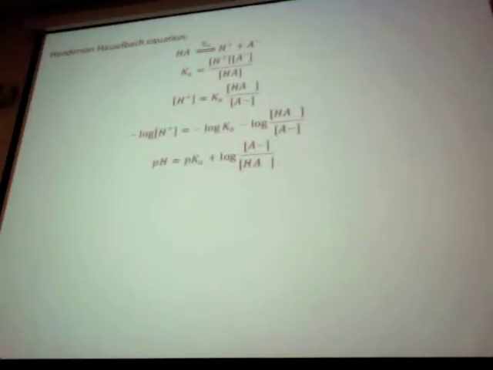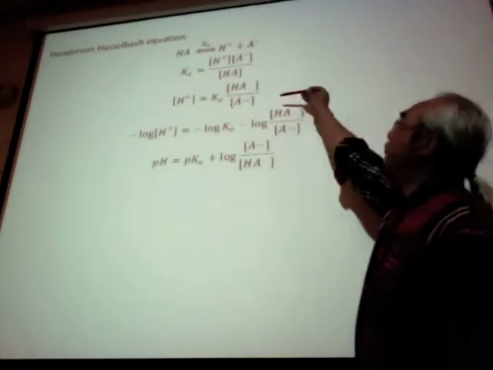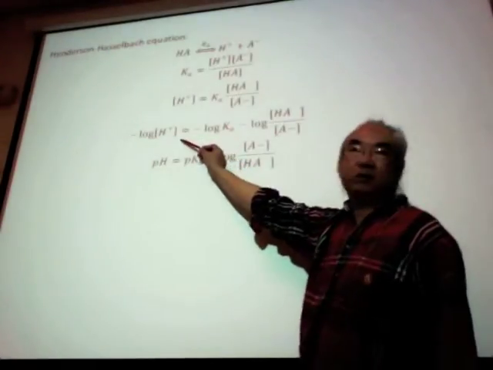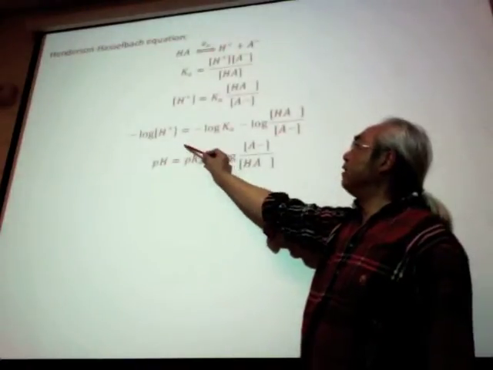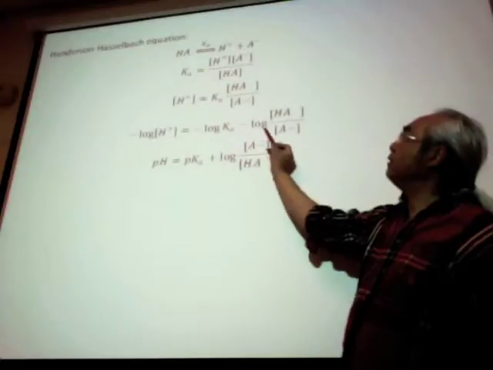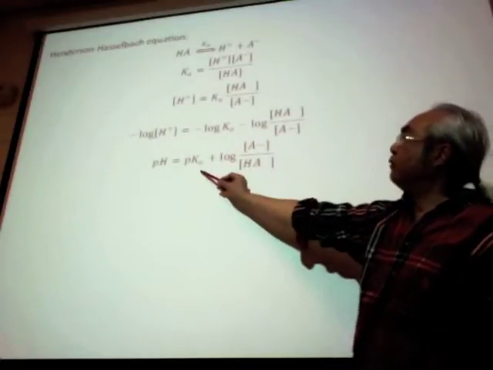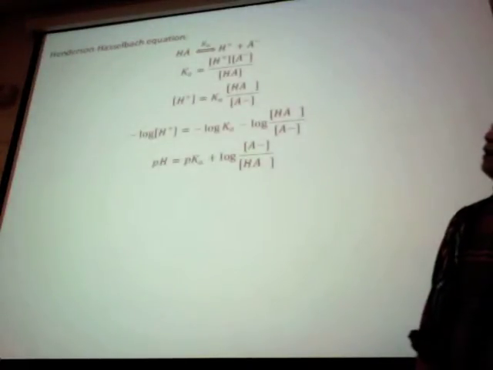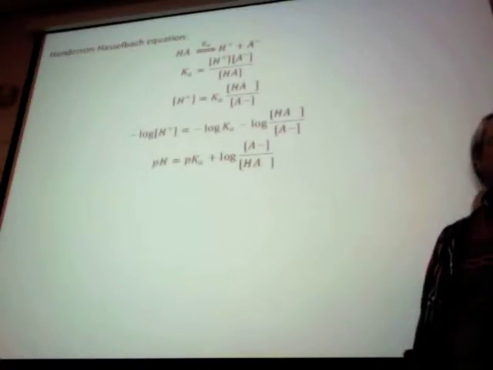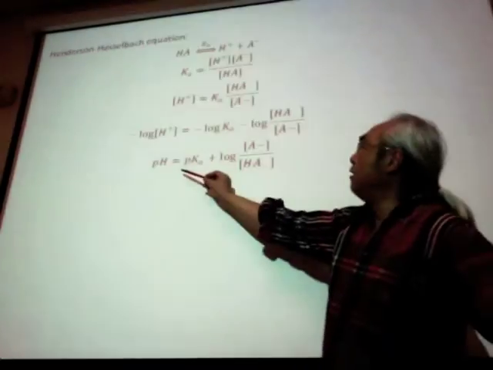Okay, here comes the real buffer equation that you are familiar with. It is actually derived from the Ka expression. If you keep going, incorporating the minus logs for the P function, this is how you end up with the Henderson-Hasselbalch equation.